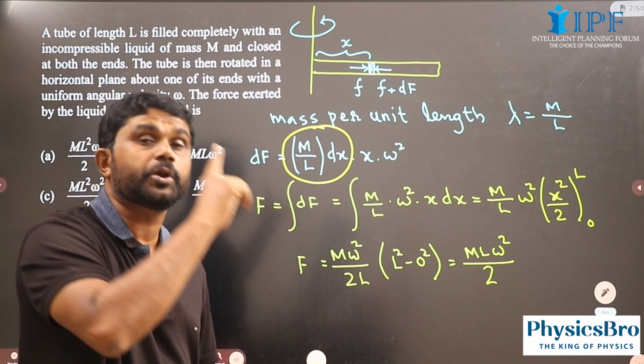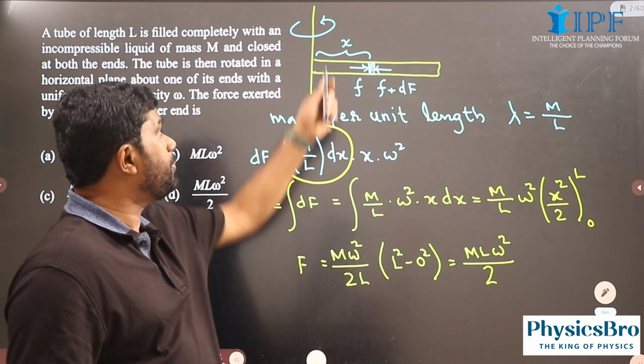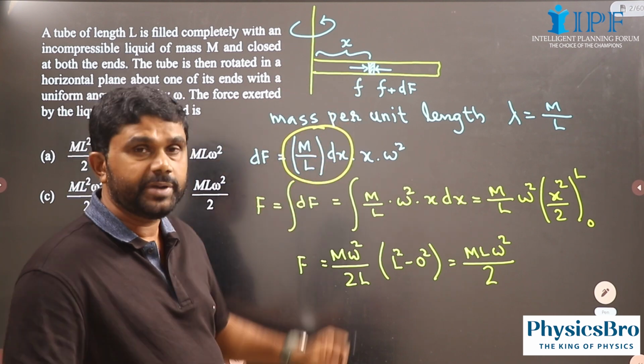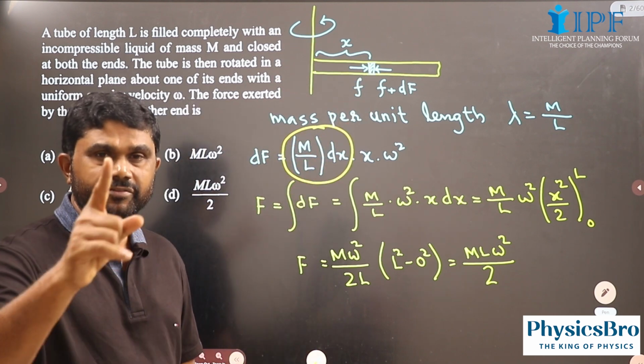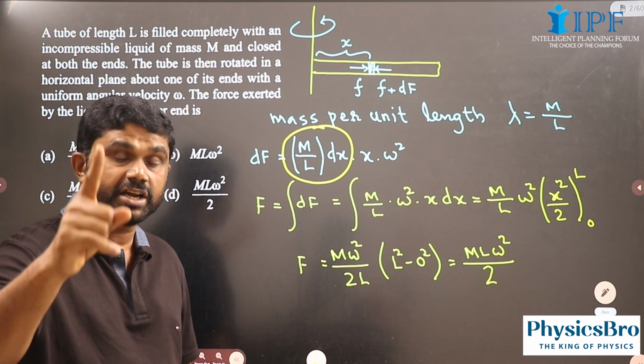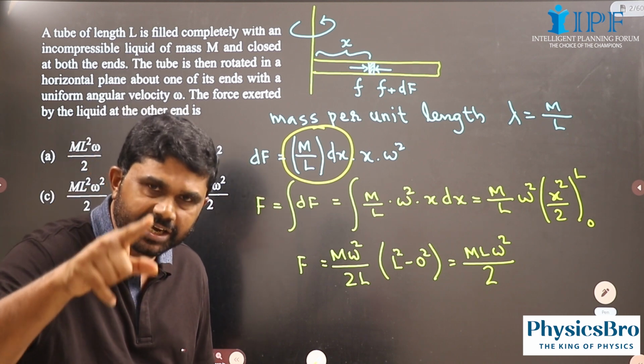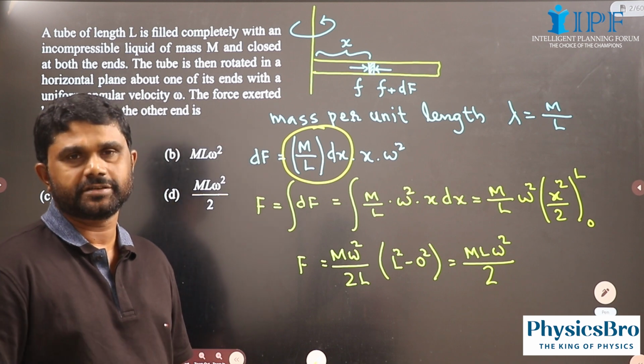As the tube rotates about this fixed axis, that element will be moving in a circle. Whenever a particle is moving in a circle, there must be a resultant force directed towards the center.